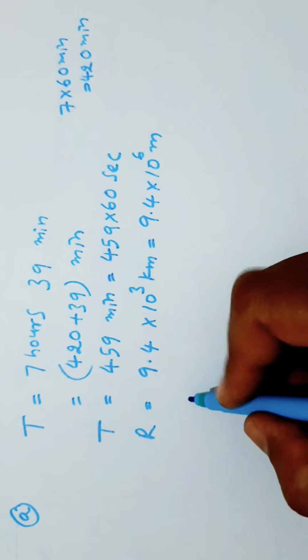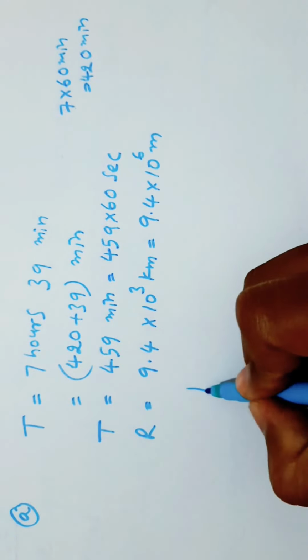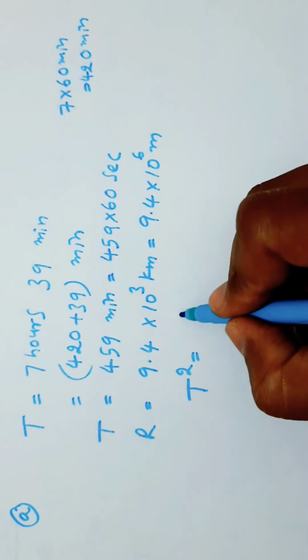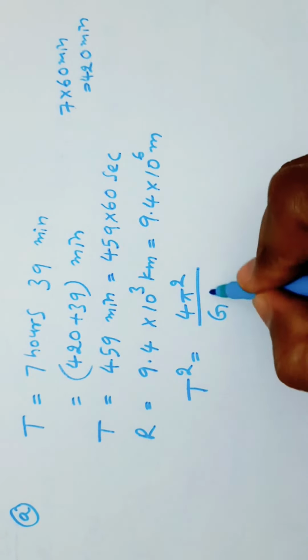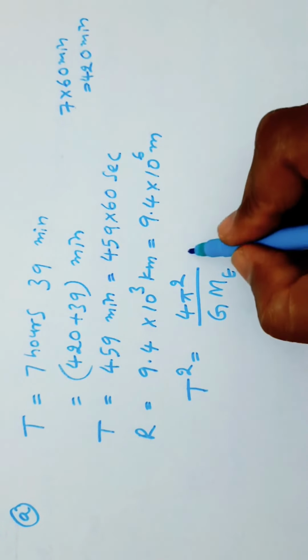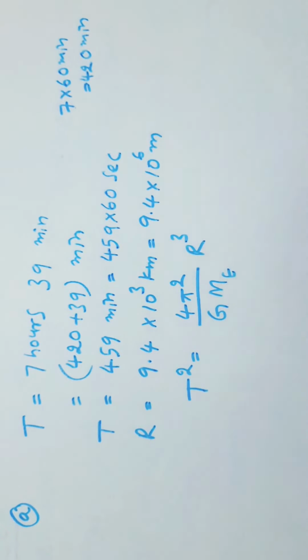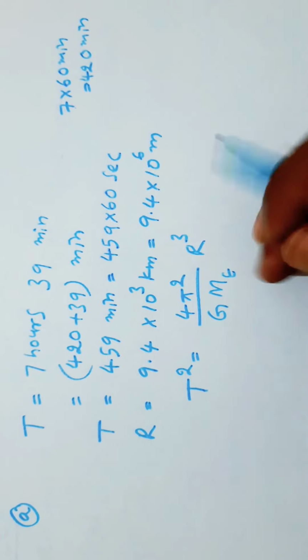Here we have a formula for time period: T square is equal to 4 pi square by G M E into R cube. Here I am replacing mass of the Earth with mass of the Mars.